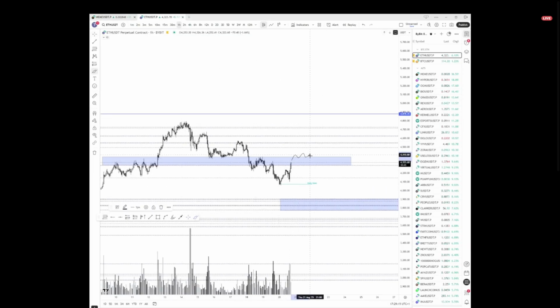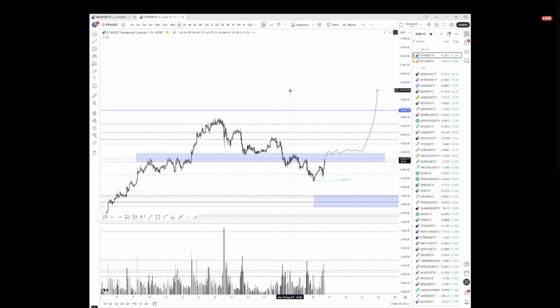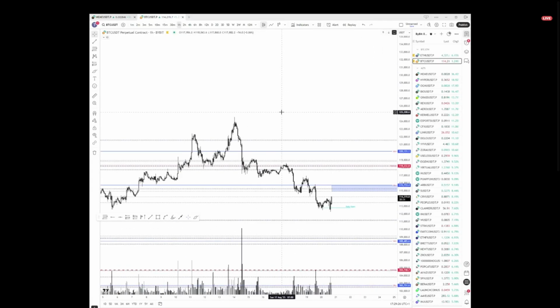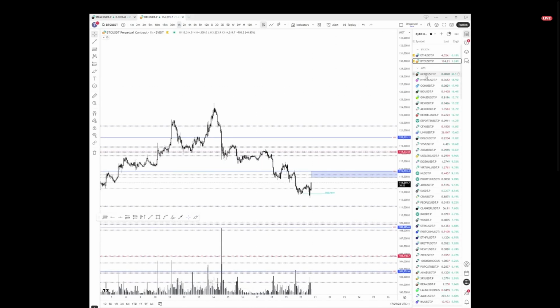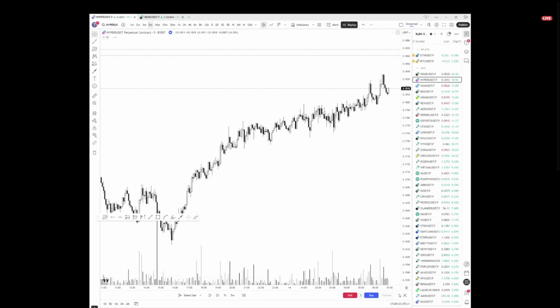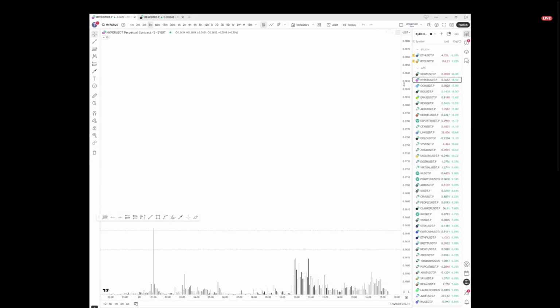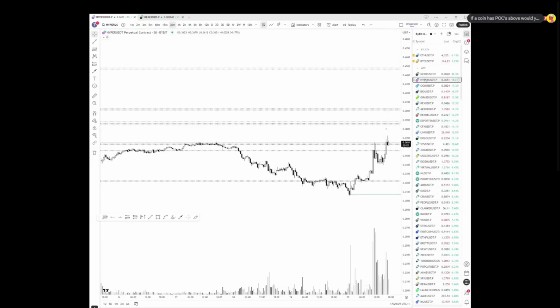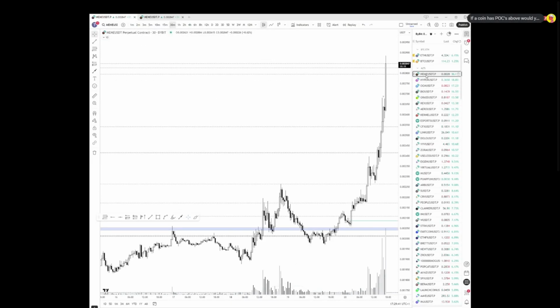Flip here. It's a big level 3 here though. No, I don't take them if there's POCs above.